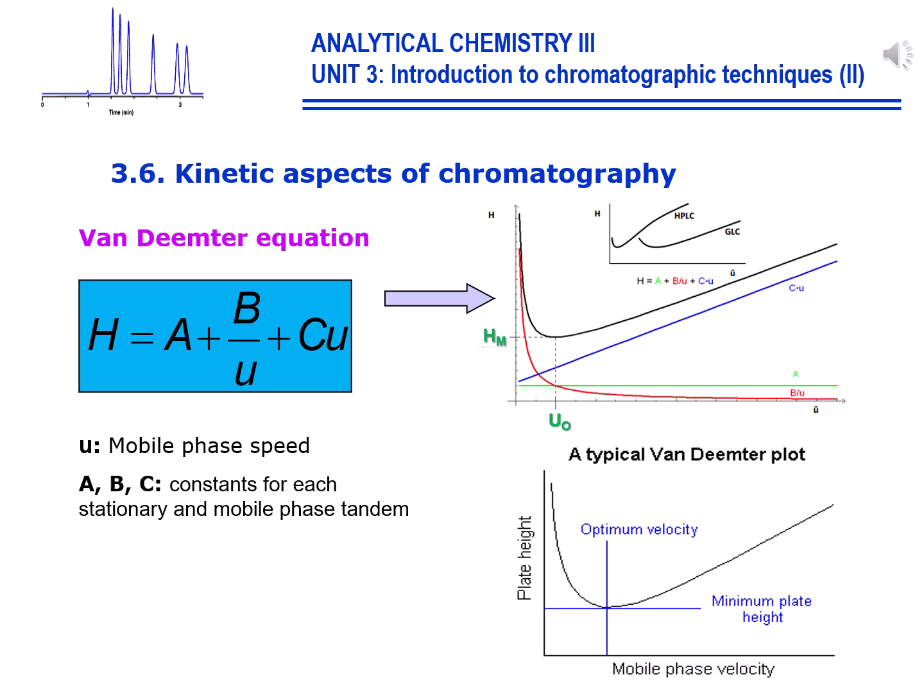The figure in the slide shows the typical curve profile for the Van Deemter equation. It represents H, the theoretical plate height, versus u, the mobile phase flow rate. This equation has three parts.